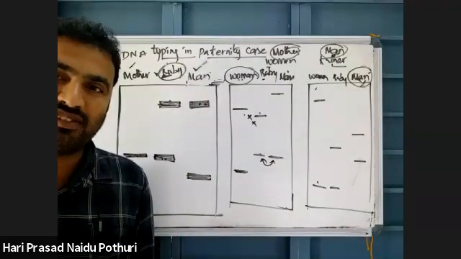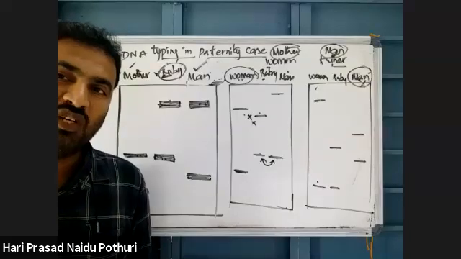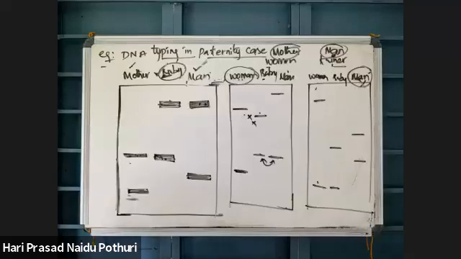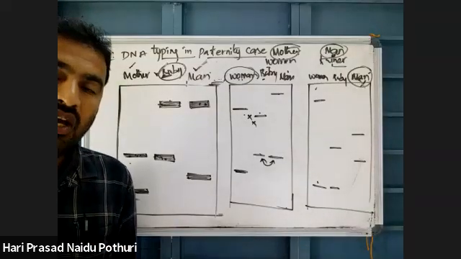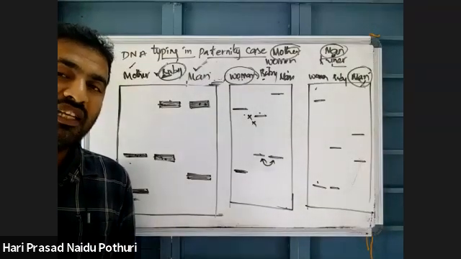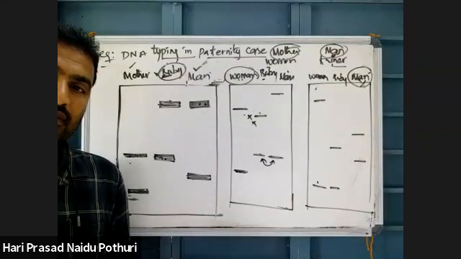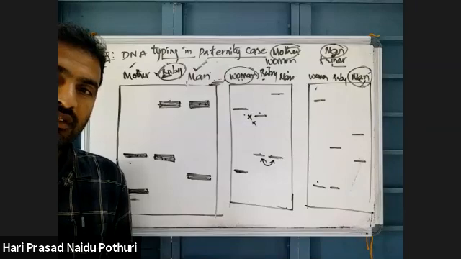In the homozygous condition only, homozygous twins means that is possible. Any of those homozygous twins can be the father of the baby. Yeah, both have the same DNA fingerprint.